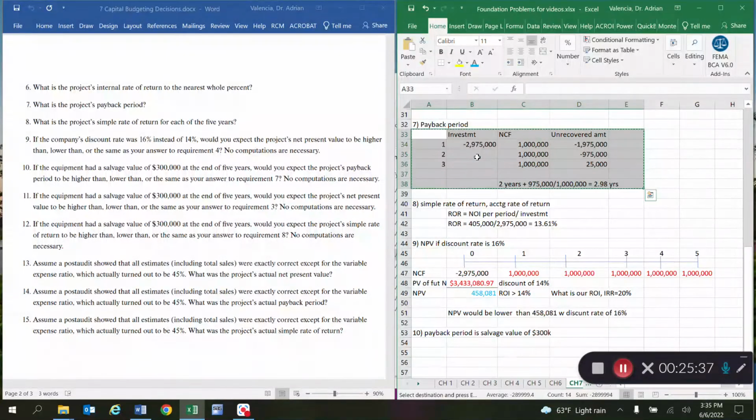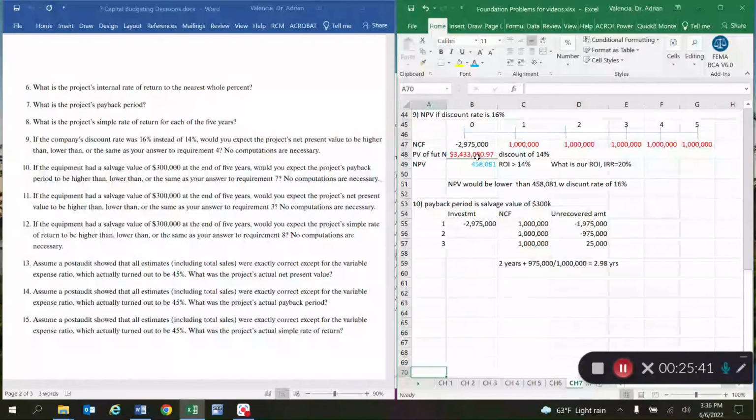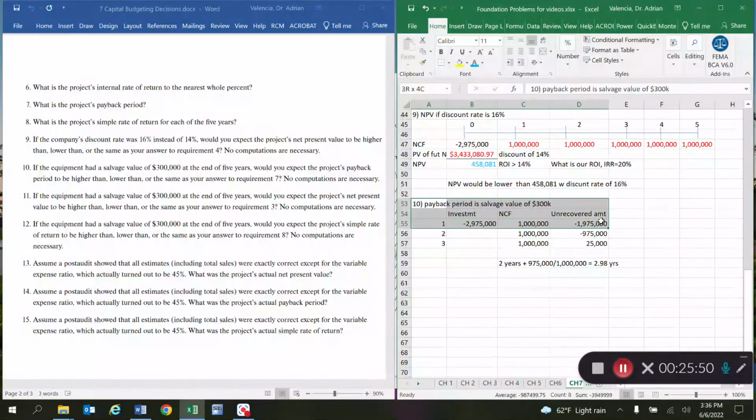And the answer is no. It'll be the same because we're recovering this within the first 3 years. Okay, so that extra payment that we're going to receive in the 5th year is irrelevant in terms of this particular analysis, right? Now, is it better for purposes of the internal rate of return?